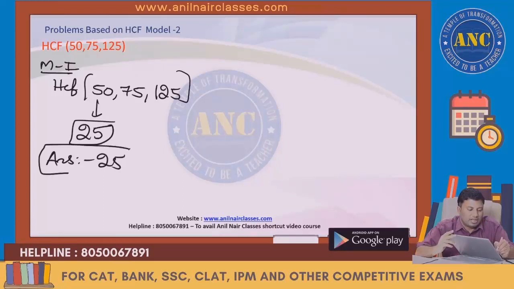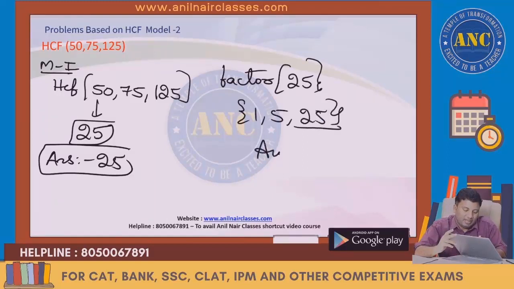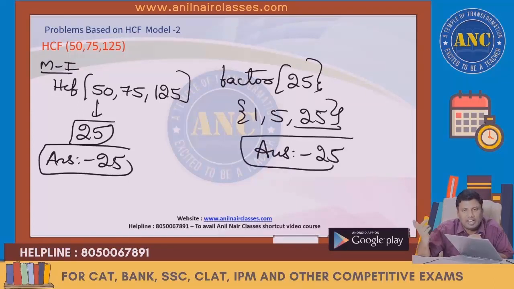If I take the factor of their difference, 75 minus 50 is 25. Factors of 25 are 1, 5 and 25. 25 will divide. Why are we taking the minimum difference? If you take the highest, this will be a subset among that. That will become a superset.